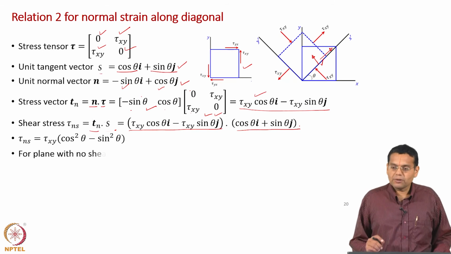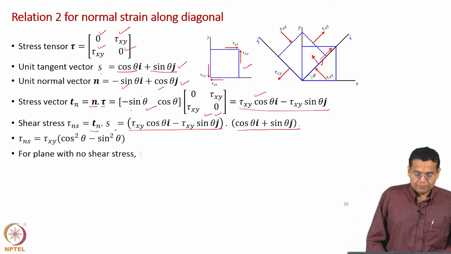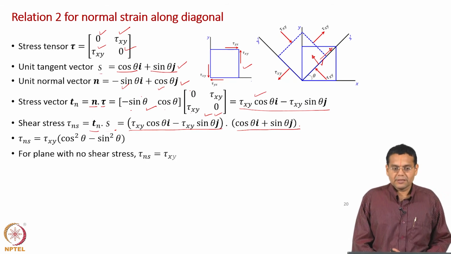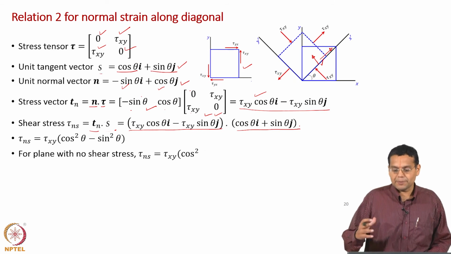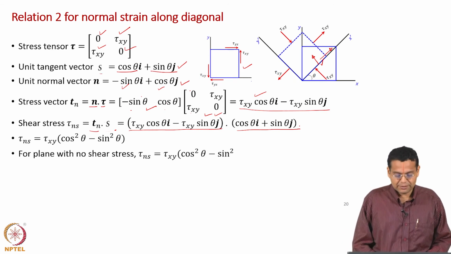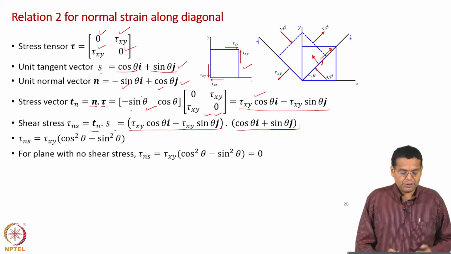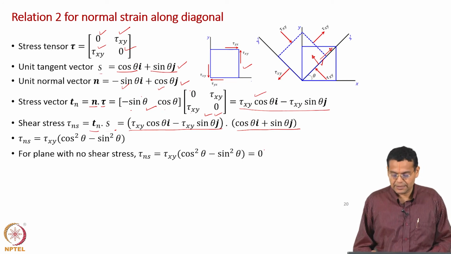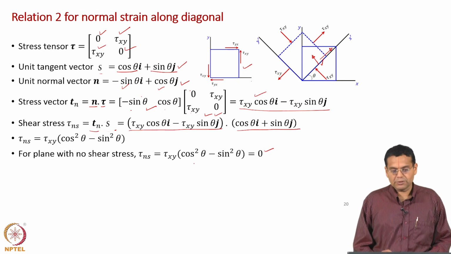Now, I want to find a plane where there is no shear stress, a shear stress free plane. You will understand why we do that. To find that plane, what should I do? I should equate the shear stress to 0, and that is what I have done here. The shear stress which I found in the earlier line has been equated to 0.